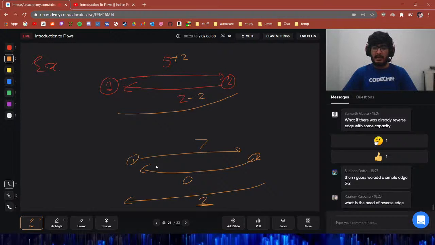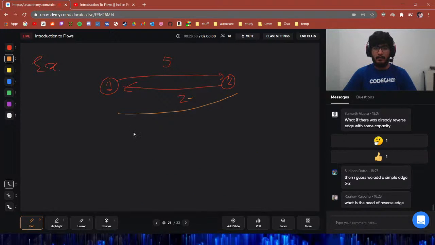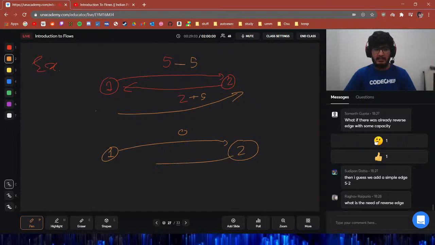If we instead had to direct the flow from 1 to 2, right, then we would subtract 5 here, add 5 here, and then finally we would have a graph that looks like this, right? And there is a flow going from 1 to 2 with 5 value.